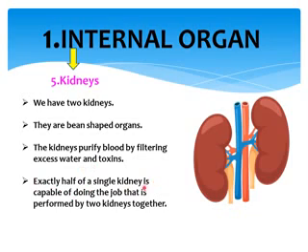Exactly half of a single kidney is capable of doing the job that is performed by two kidneys together. So even though we have two kidneys, one kidney is enough to perform the job done by both kidneys.